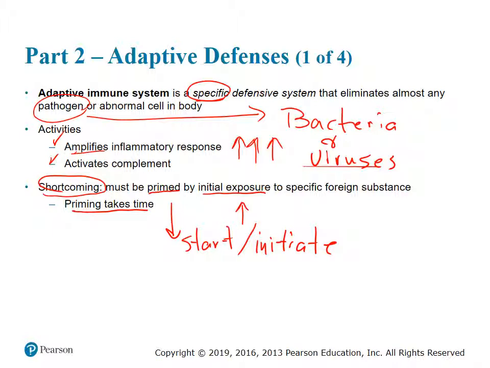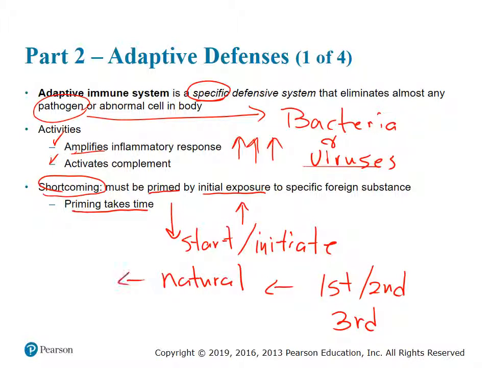So again, going back to the first and second line of defense and the third line of defense that we're discussing, we know that the first and second lines of defense are natural, or innate. That means we're born with it.